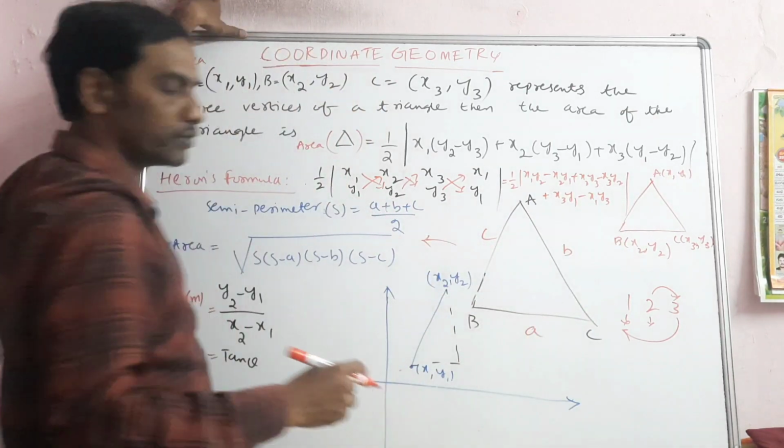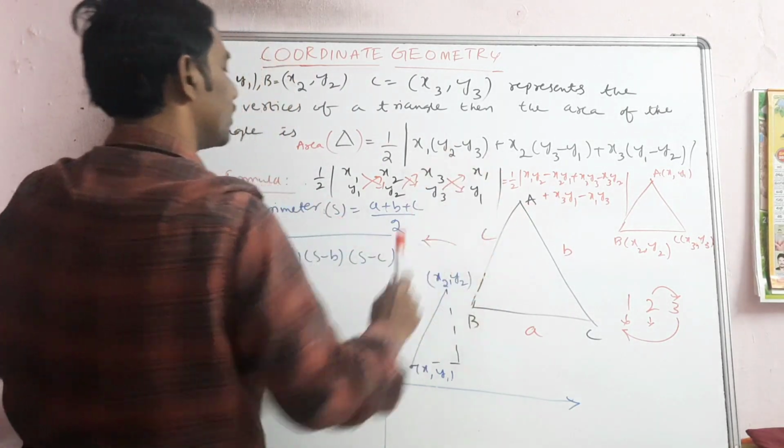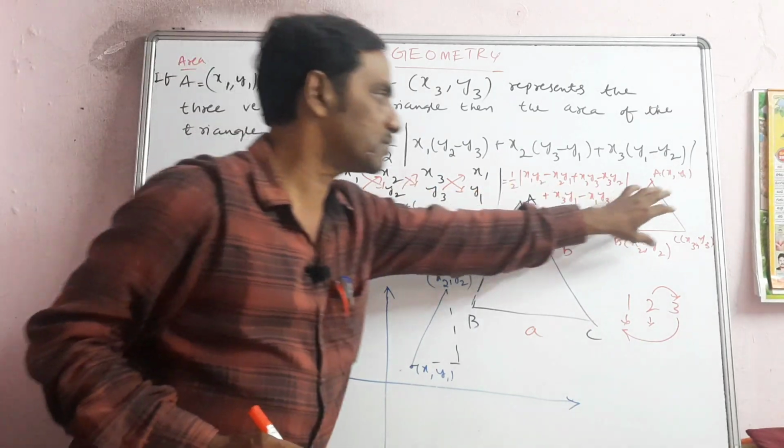In that way, if you take these, you will again get the same answer, the same value of the area of the triangle formed by these points.